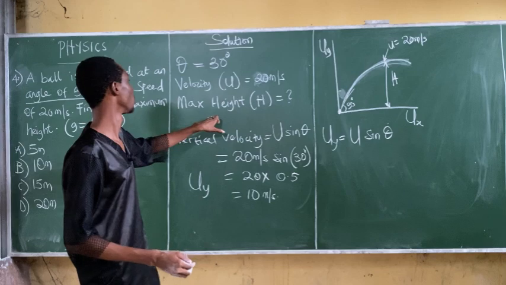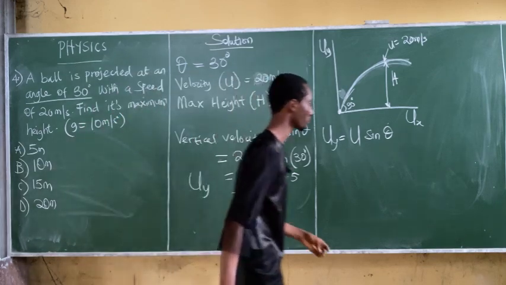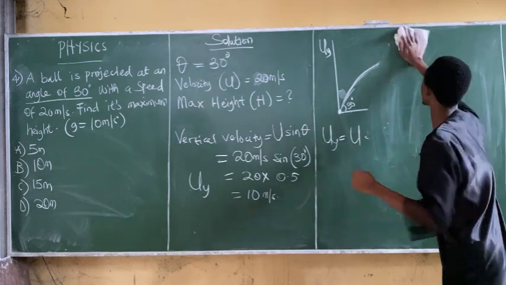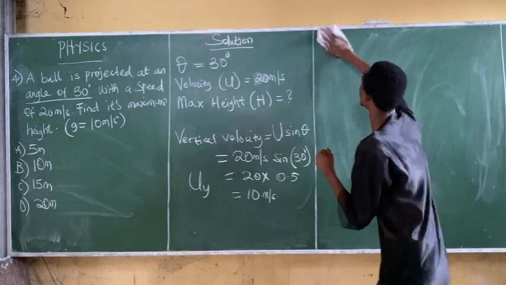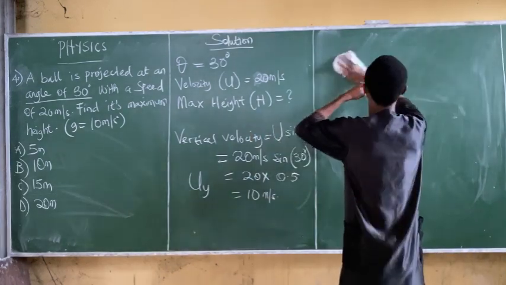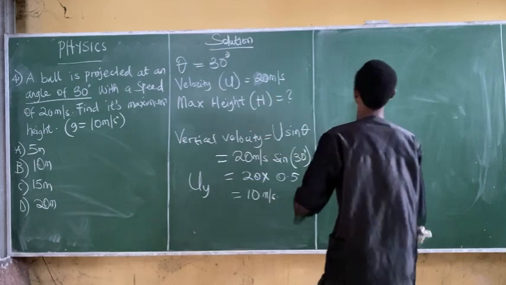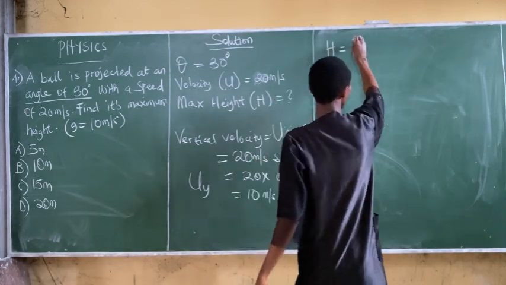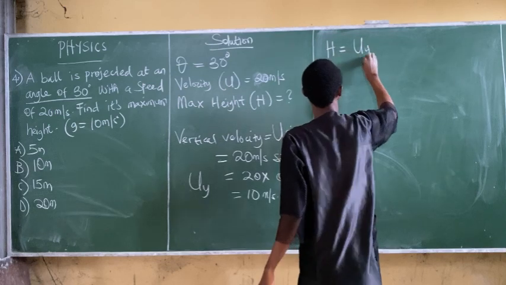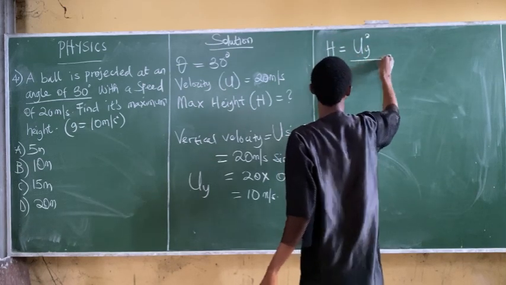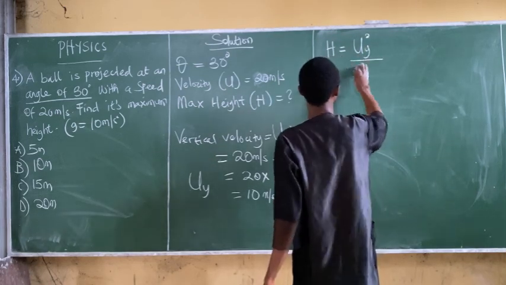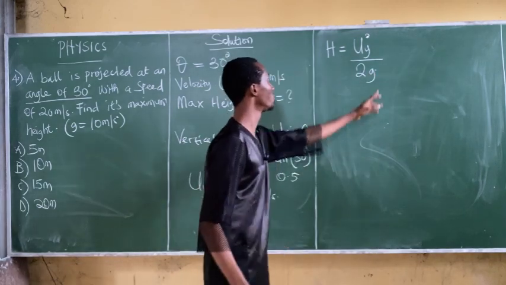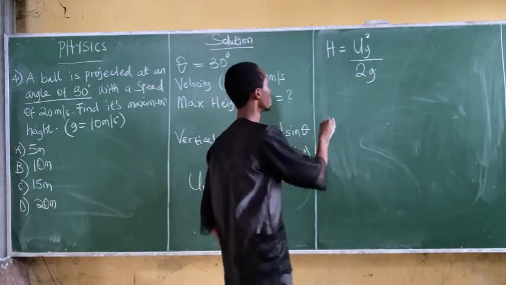Let's find the maximum height h. h is given by the formula h is equal to the square of the vertical velocity divided by 2g, where g stands for acceleration due to gravity.